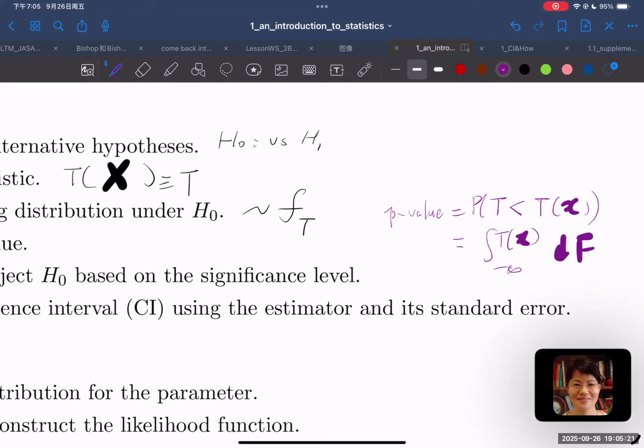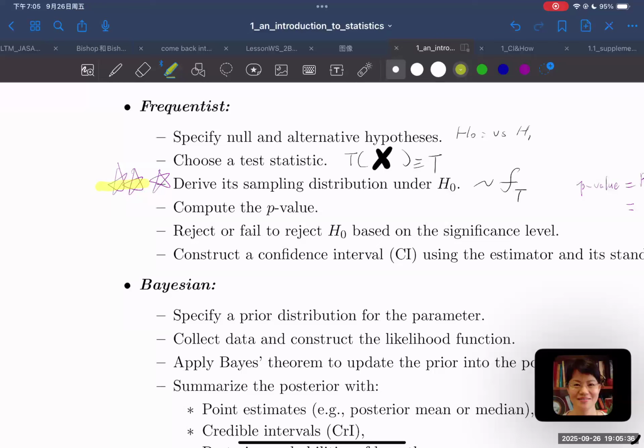So this is where you calculate your p-value. That means if you do not know this distribution, then you can do nothing. So that's why we say this is extremely important. We sometimes call this the null distribution, 零分布. Similarly, such a distribution under the alternative, we call it the 对立分布.